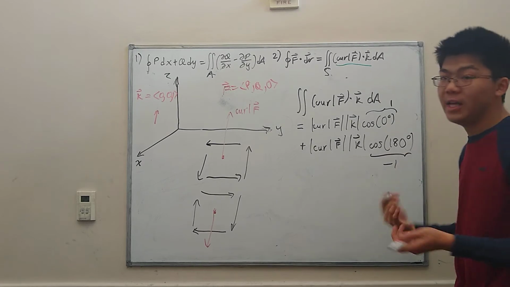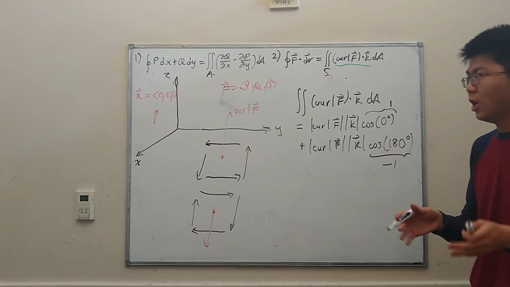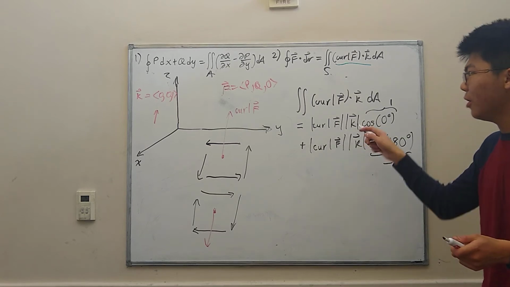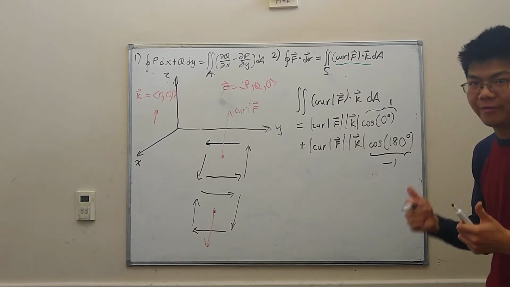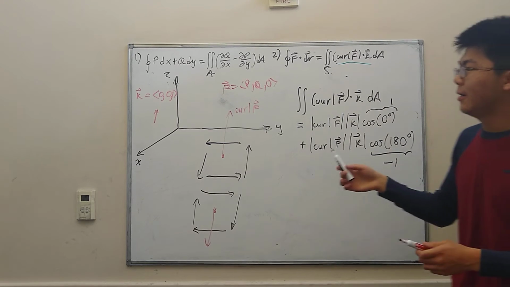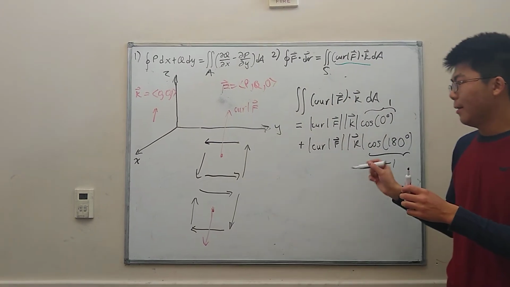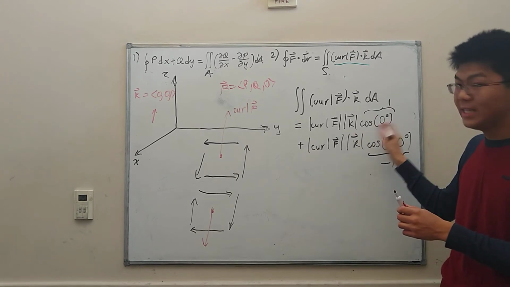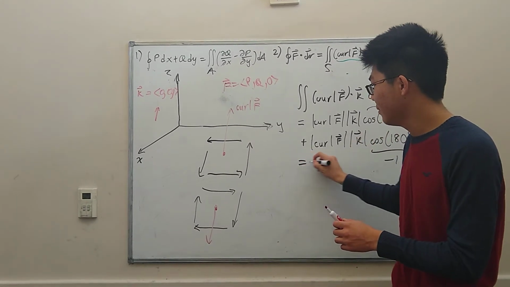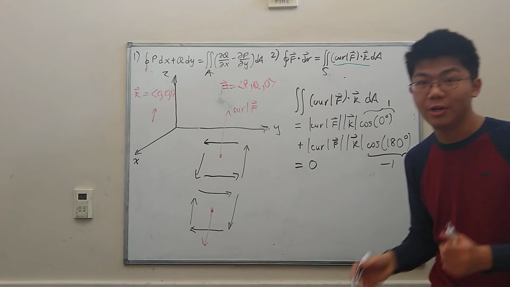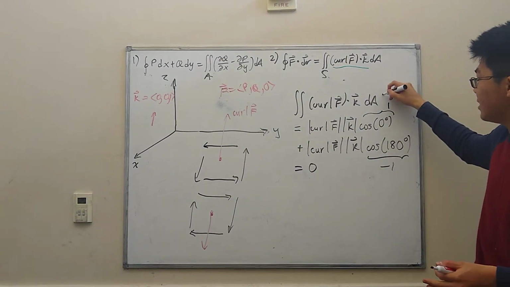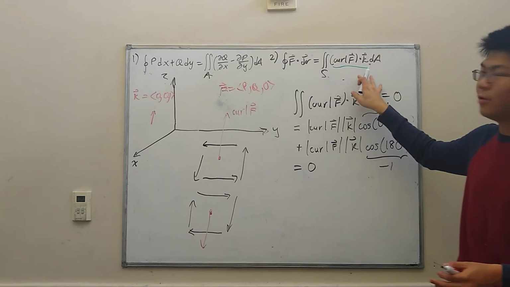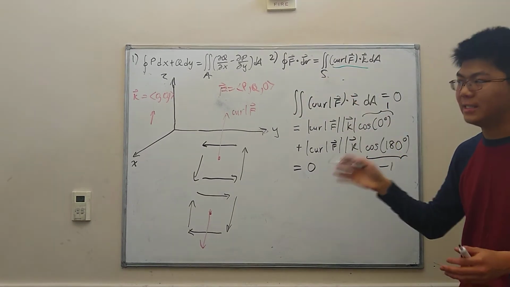This evaluates to -1. So, when you add them up, you have a curl of k, the magnitude of curl of f times the vector k. But in this case, you have a -1. That means these two expressions cancel out, and you end up with a final value of 0. So this is 0. Your double integral over the area right here is 0.